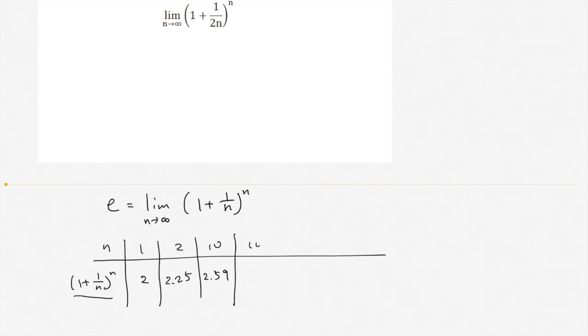And if you substitute 100, it becomes 2.705. If you substitute 1000, 2.71 something, and if you substitute 10 to the 4, 2.718.